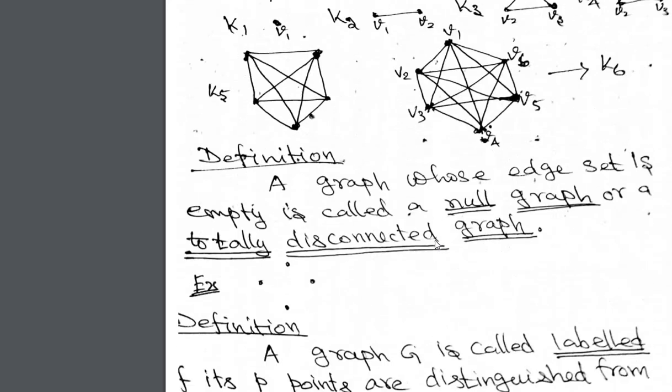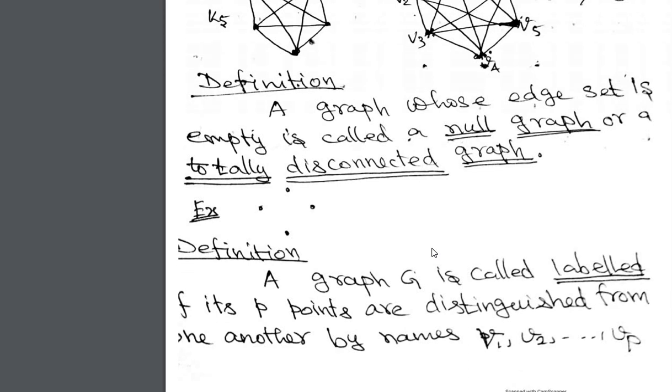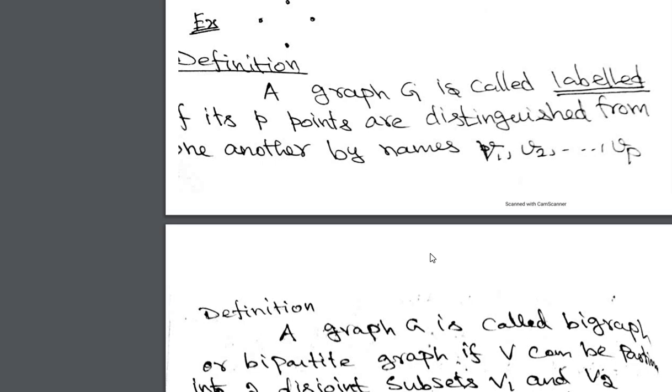Some examples we have seen. The next one is a null graph. A graph in which the edge set is empty is a null graph, or you can call it a totally disconnected graph. Then a labeled graph means each vertex has a distinct label V1, V2 and so on up to Vp.